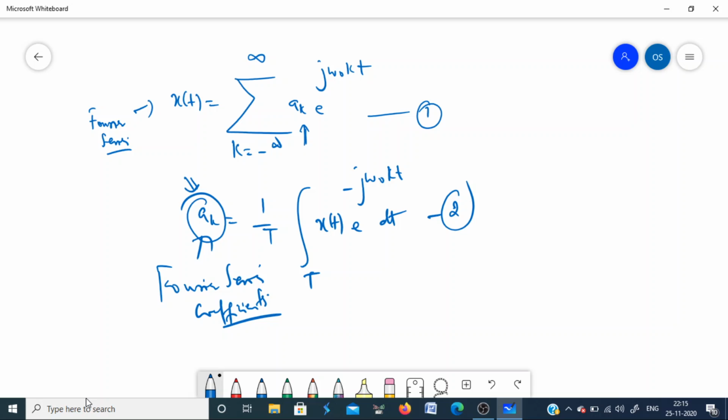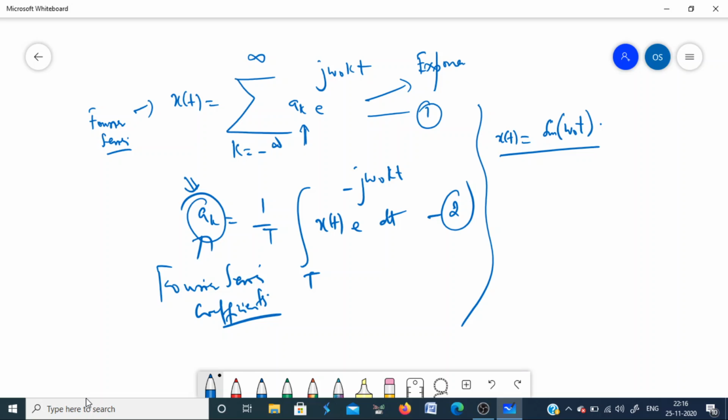Okay, as an example, suppose you have a signal x(t) equal to sine omega naught t, and you have to find its exponential Fourier series. This is called the exponential Fourier series. There is another series called the trigonometric Fourier series.